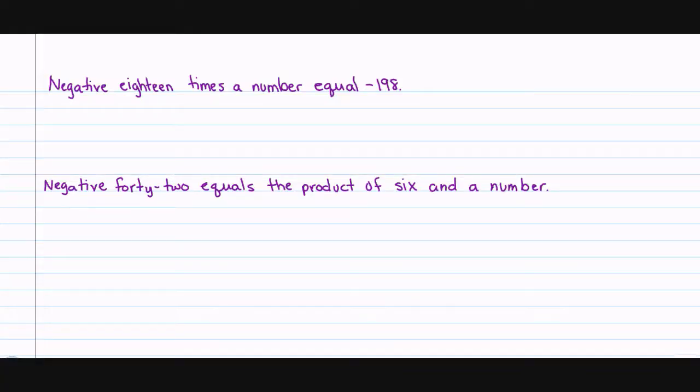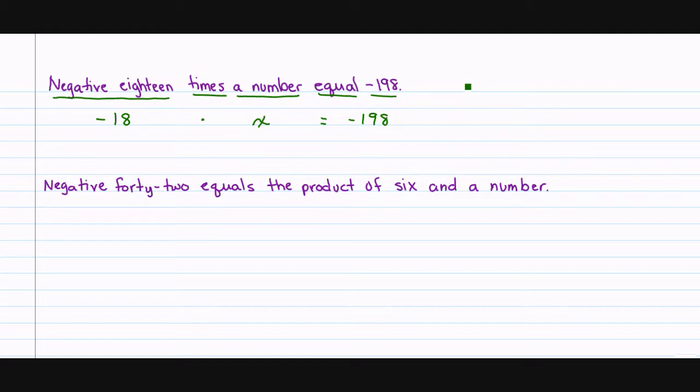Let's go ahead and do some multiplying and dividing when we have to write the problem out. Okay? We have a negative 18 times a number, any variable that you want, equals negative 198.